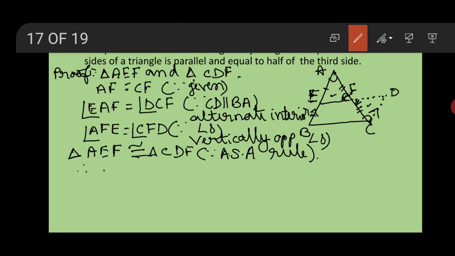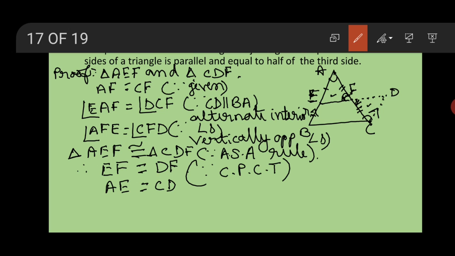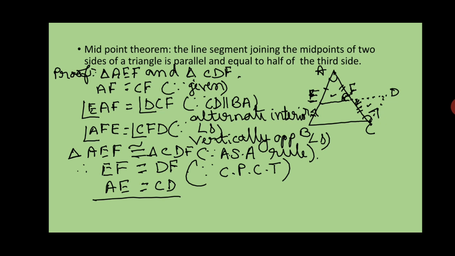CD? Yes, write down. Therefore, these are important: EF is equal to DF and also AE is equal to CD. Reason: corresponding parts of congruent triangles, CPCT.